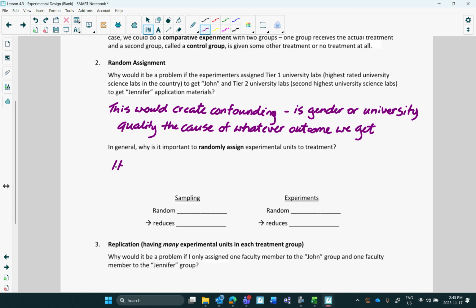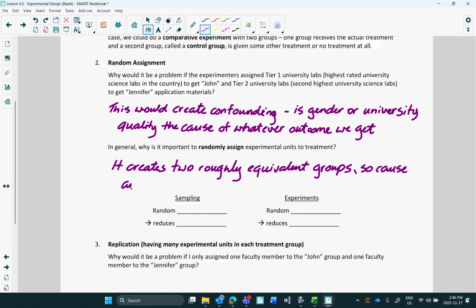So it creates two roughly equivalent groups, which is going to reduce confounding. Okay? So cause and effect conclusions could be made.